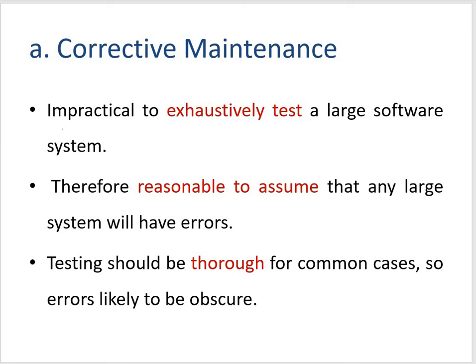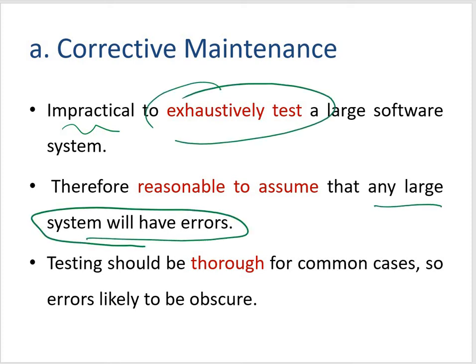So basically, it is impractical to exhaustively test a large software system. So it is reasonable to assume that any large system will have errors, right? What we are saying is it's impractical to exhaustively test the large software system, so a large system will have some errors.